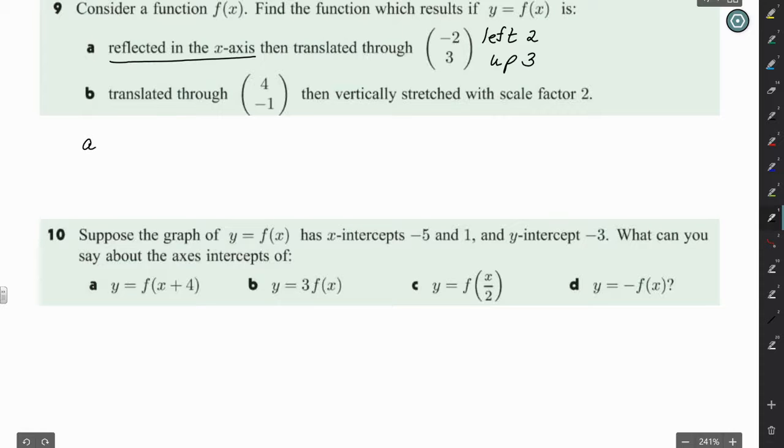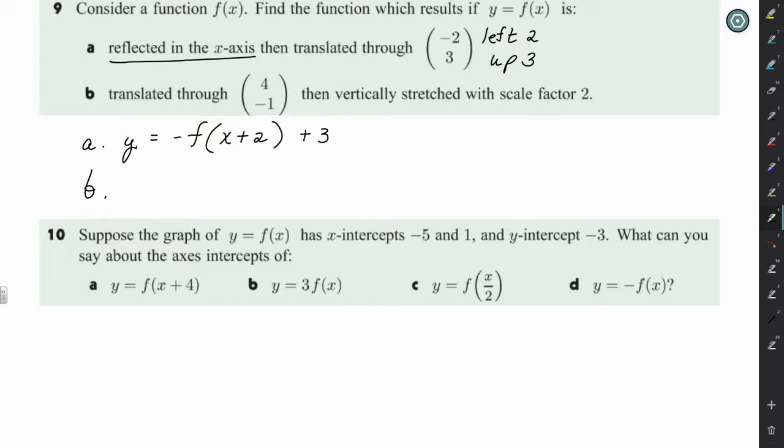So for letter A, because there's a reflection over the x-axis, we're going to have a negative out front. Because we're moving the whole function left 2, we're going to have an x plus 2 inside the parentheses, and then a plus 3 on the outside.